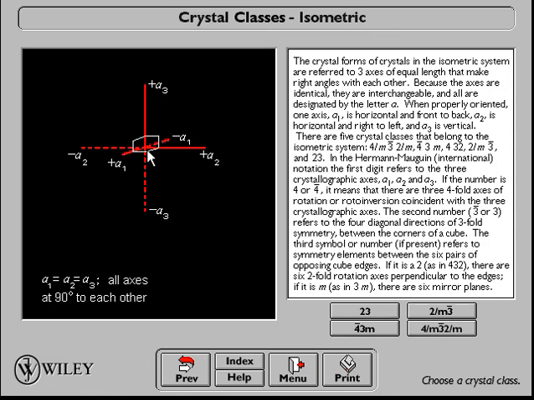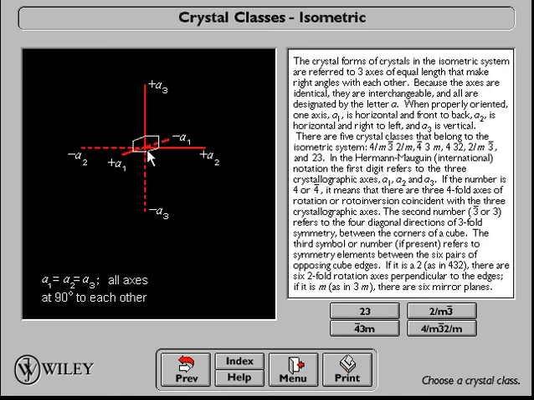If the number is 4 or 4̄, it means there are fourfold axes of rotation or roto-inversion coincident with the 3 crystallographic axes. The second number, 3 or 3̄, refers to the 4 diagonal directions of threefold symmetry between the corners of a cube.